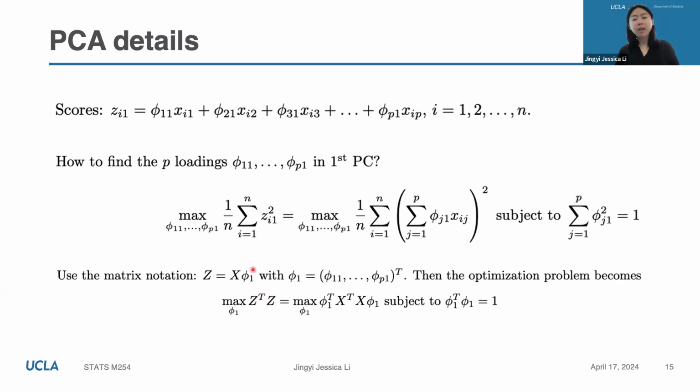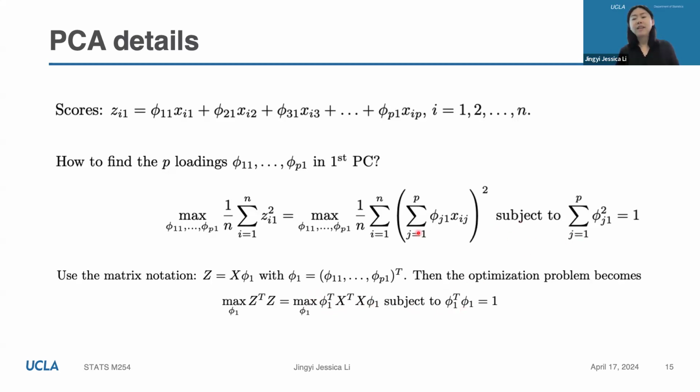And then because of this formula, you put it in, z is x times phi 1. Then z transpose becomes phi 1 transpose x transpose, times x phi 1. That's what we have. Then you're trying to maximize this term. The product is still a scalar, but it's a matrix multiplication, subject to the same constraint.